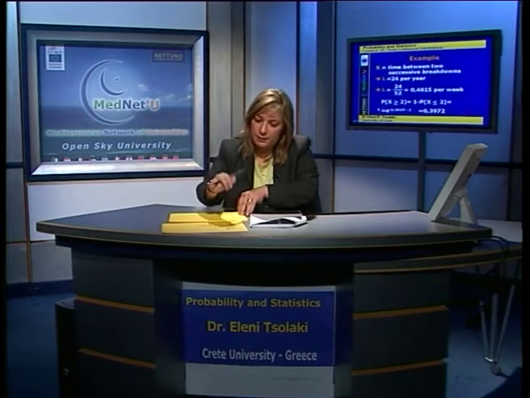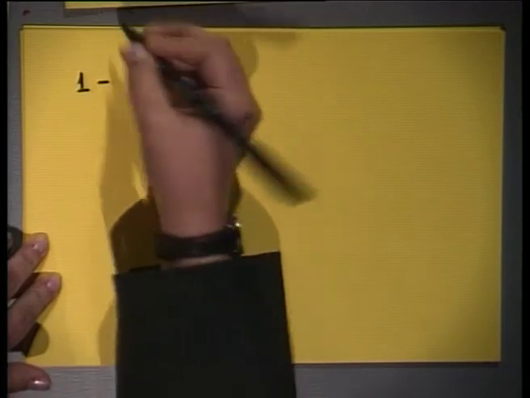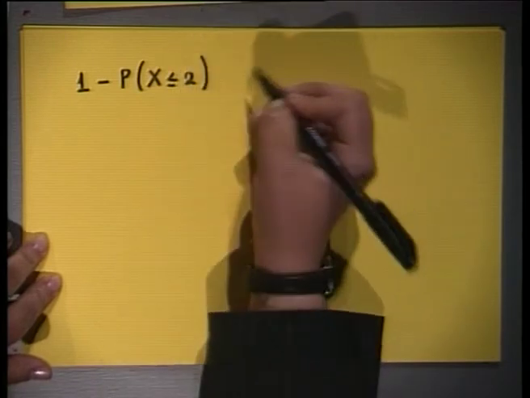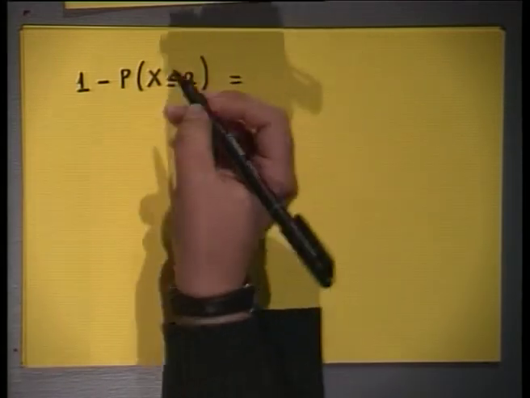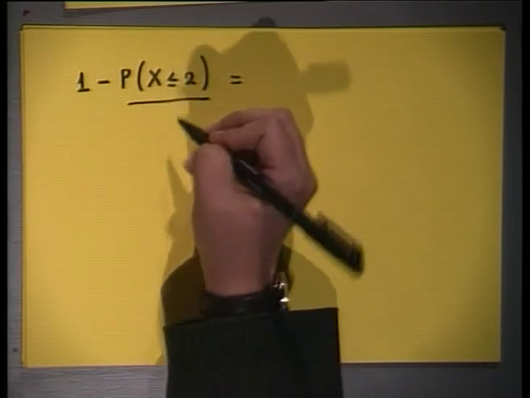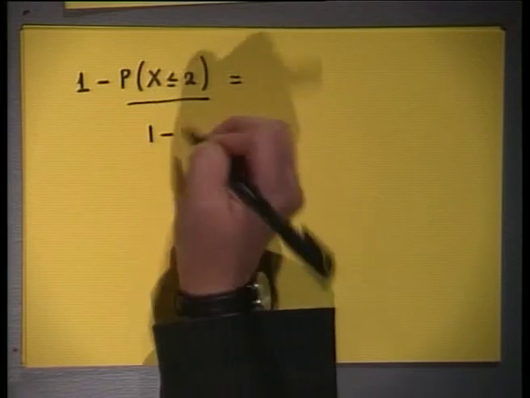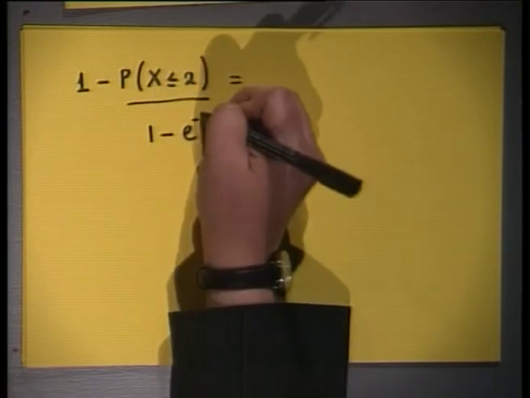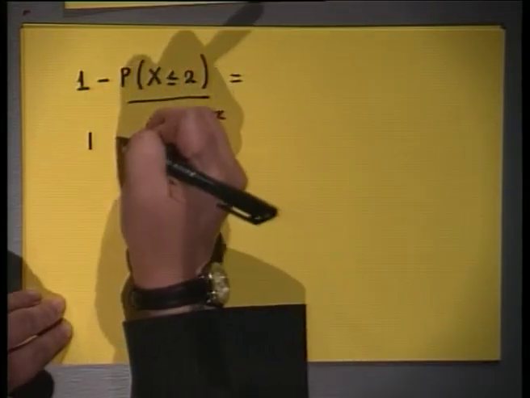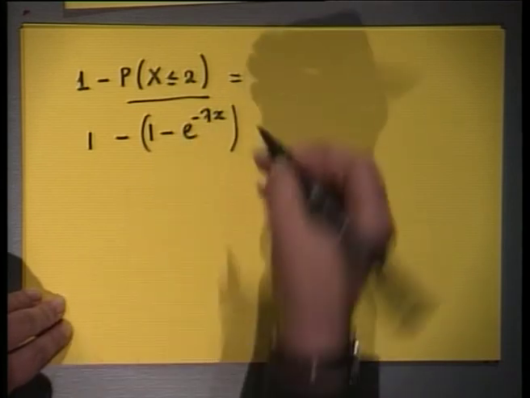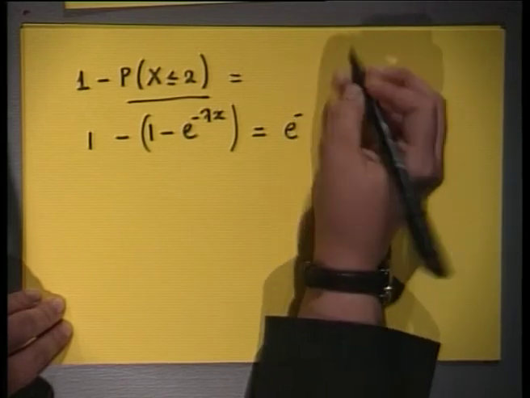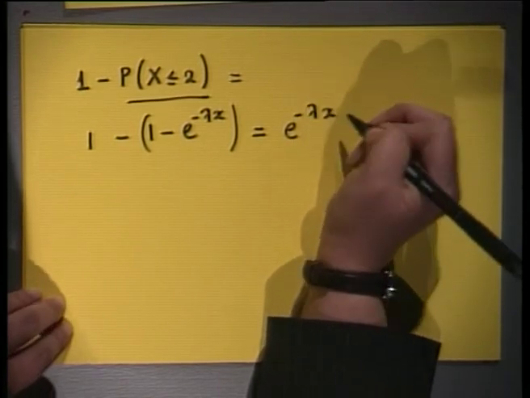We know that the cumulative distribution function is 1 minus e to the minus lambda x, so we can use it. And so this equals e to the minus lambda x.